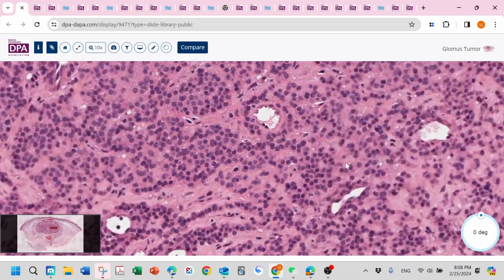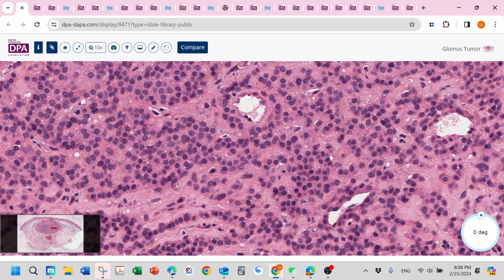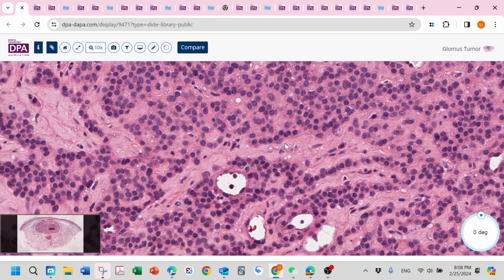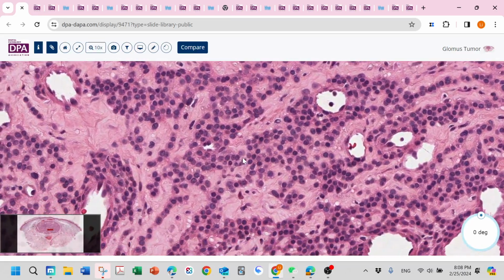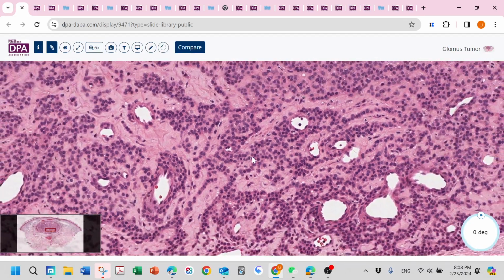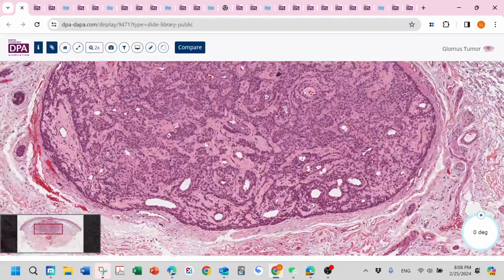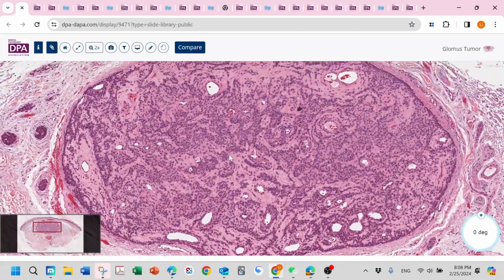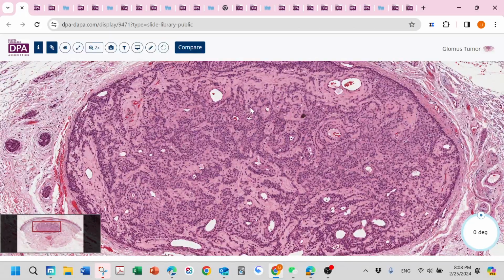And then in higher power to see the cytology, really round cells, every cell looks identical, monotonous, no mitotic figure, really bland. So when you have all of these features, you can call the diagnosis of glomus tumor.